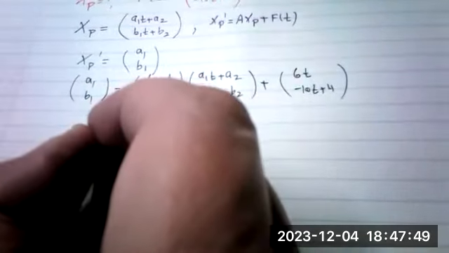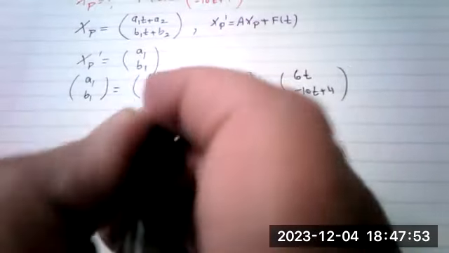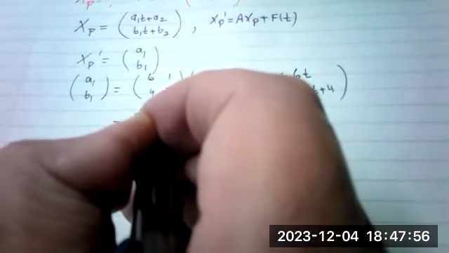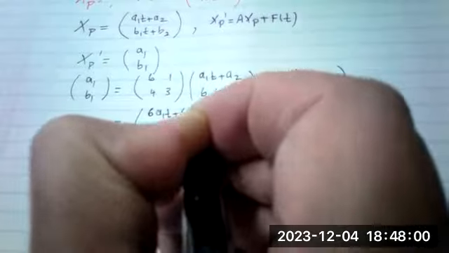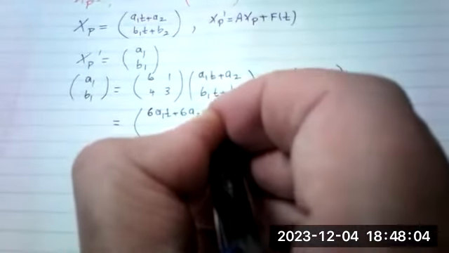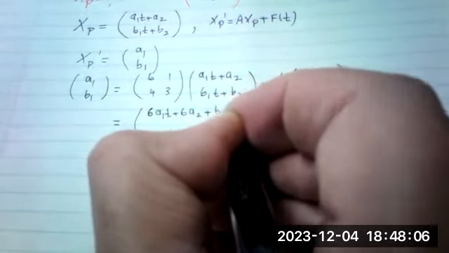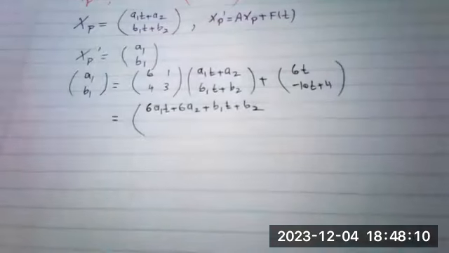So it's going to be equal to, that's it, (6, 1). You multiply by this, so that you what? It's 6A1t plus 6A2. Okay, and followed by B1t plus B2. It's the first one.